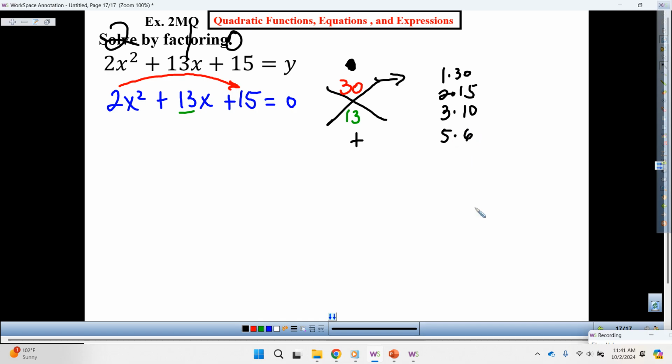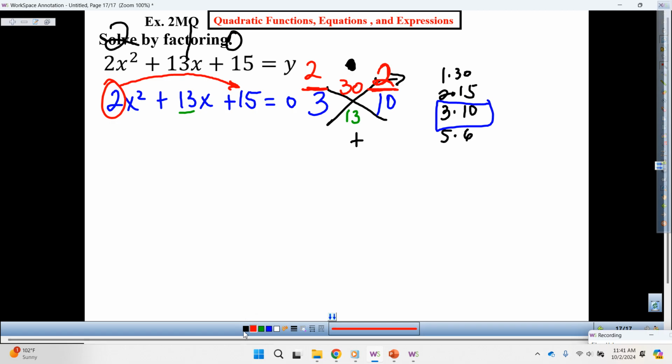Which one of those pairs adds up to 13, everyone? Which one, Caesar? 3 and 10, that is correct. There it is. However, look up, don't we have a number here? So we write that over this one, over that one.